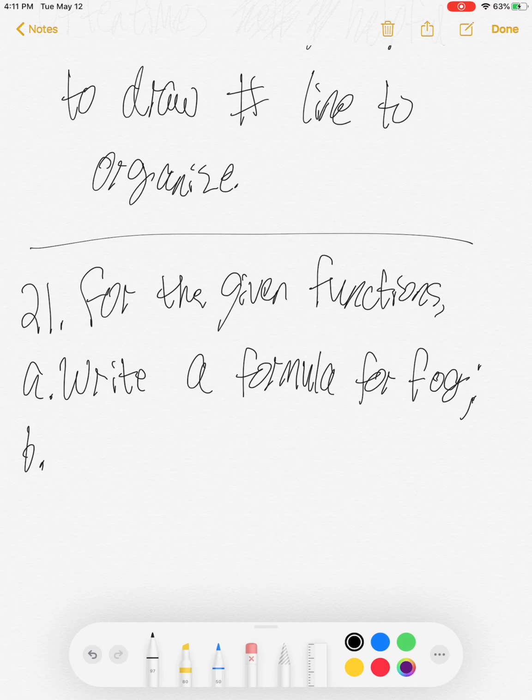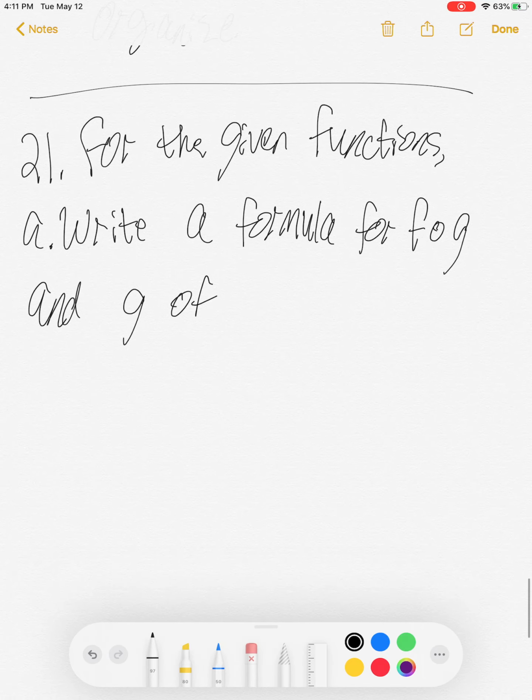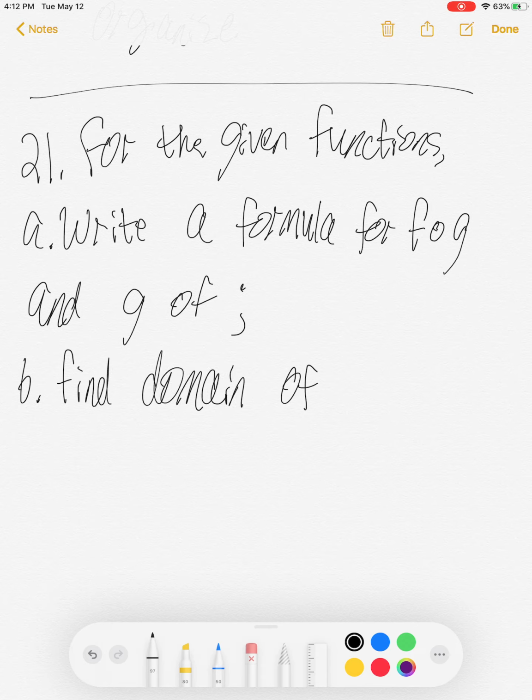We want to find a formula for f composed with g and g composed with f. Okay, those are 2 different things, and we need to be careful. We'll see in a minute how those 2 are different. Find the domain of each, and by that I mean of f composed with g and of g composed with f.